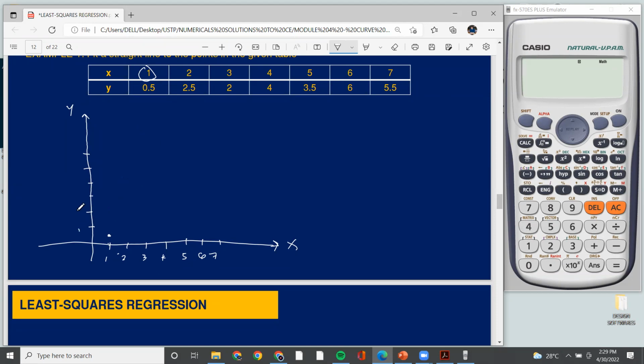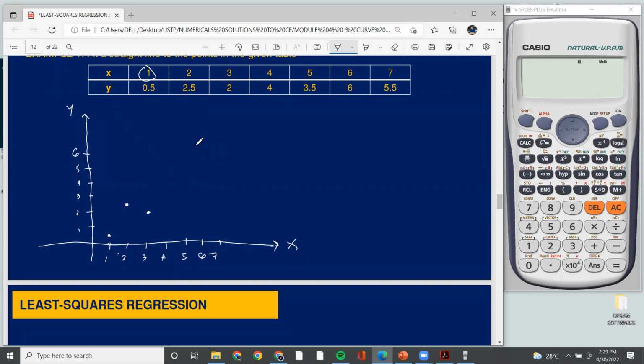1, 2, 3, 4, 5, 6, 2.5. Okay. Next, x is 3, y is 2. So, maobserbahan ninyo, no? Dili na siya mo line, straight line, kay zigzag siya. Mga data point, dili siya mo-line diri.